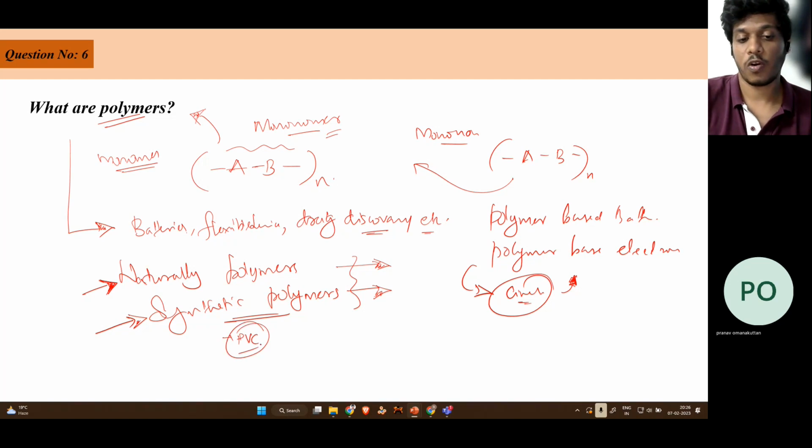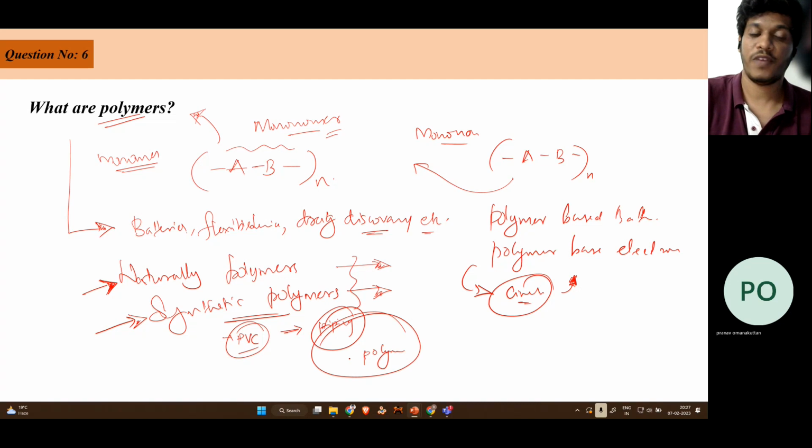It is a long chain of vinyl chloride, which is very much used in piping and flooring. So this is also a very much discussed material.